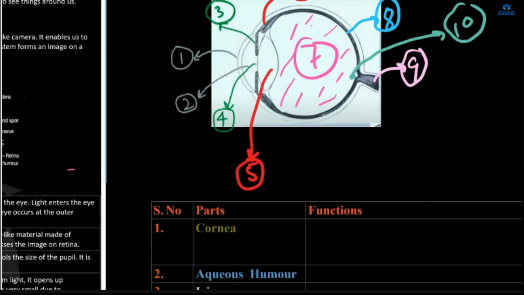Yes, just like that only. The first part we are discussing is called the cornea. Its function is just like the function of the plasma membrane for the cell. It actually has two main functions.